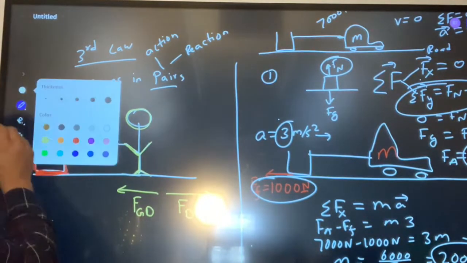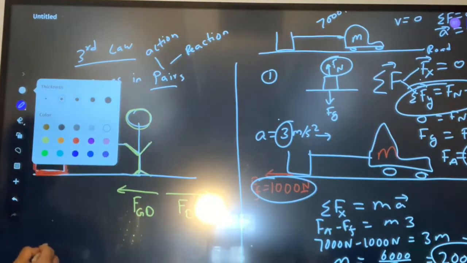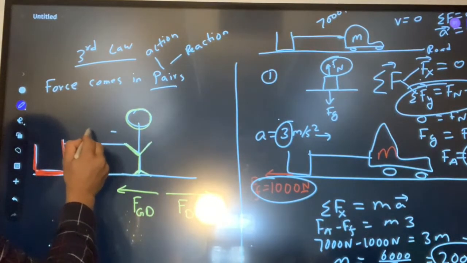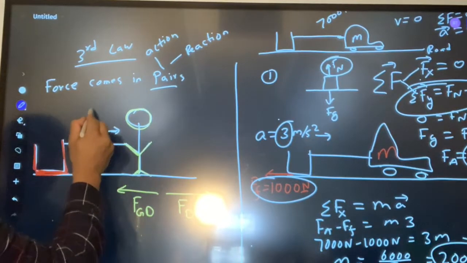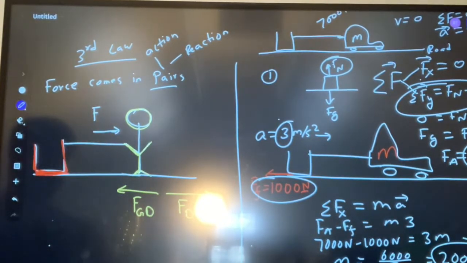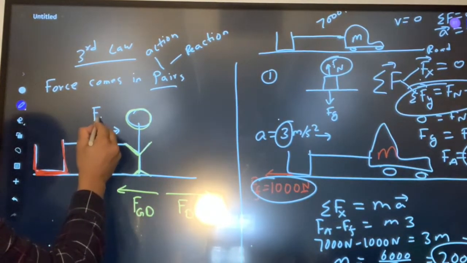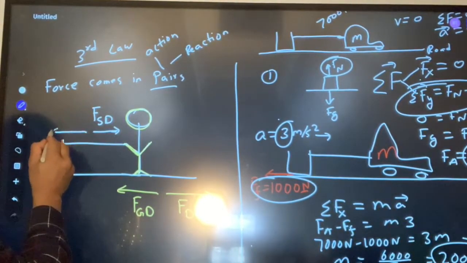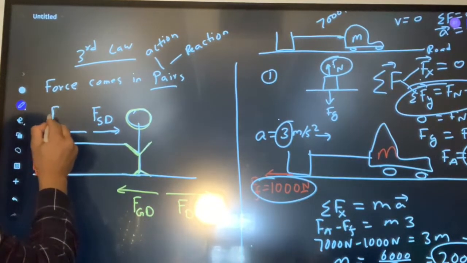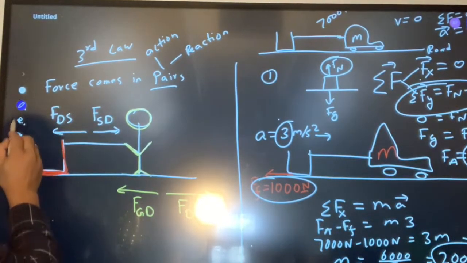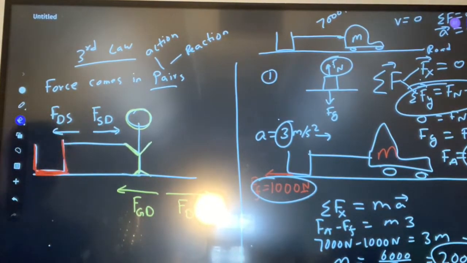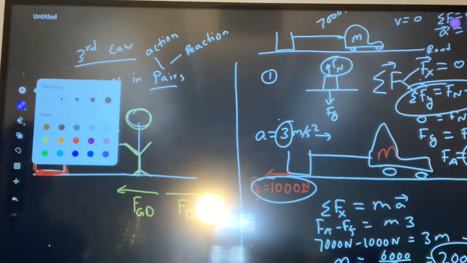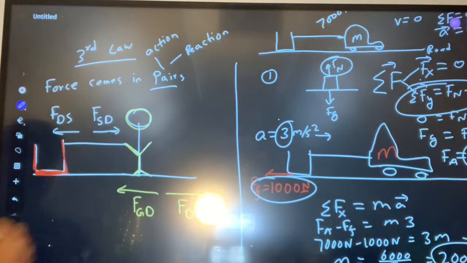Now action and reaction act on the rope as well. Force on the sled by the driver and force on the driver by the sled, equal in magnitude but opposite in direction. Now we're going to look at the final pair of forces.